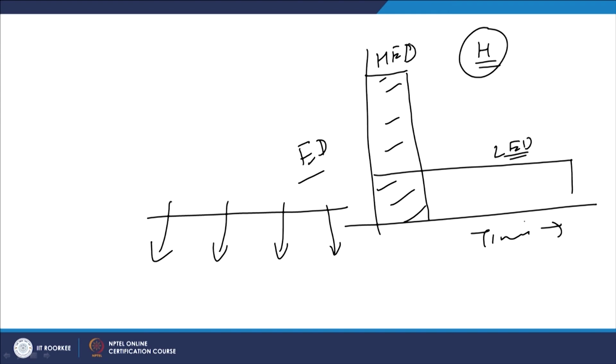So, in general we say that a process of high energy density will require less heat input for achieving the fusion, for developing the weld surfacing.